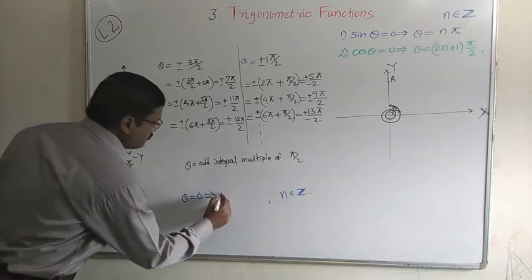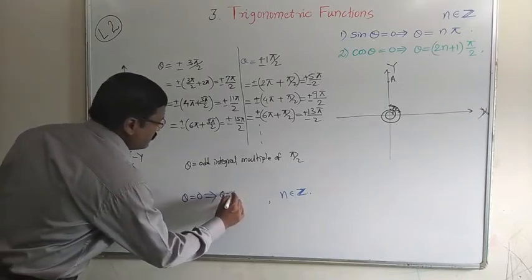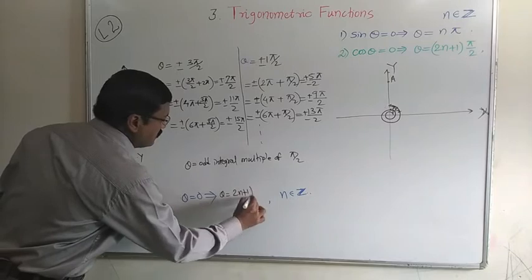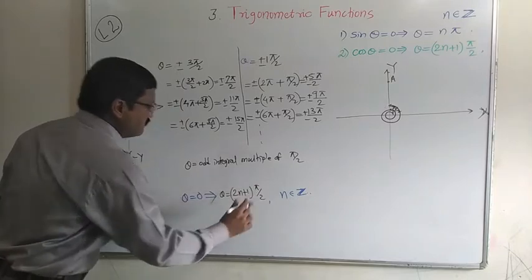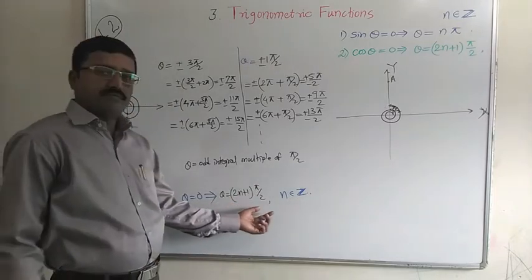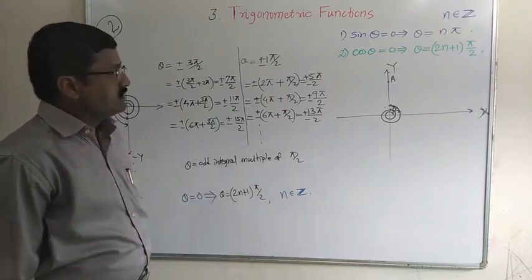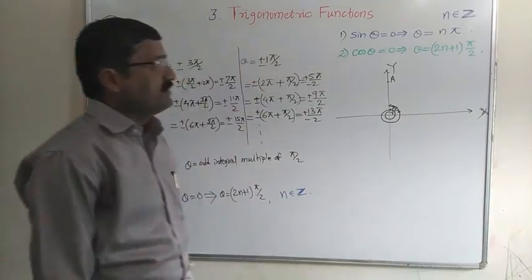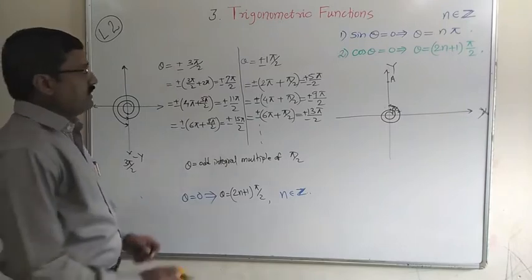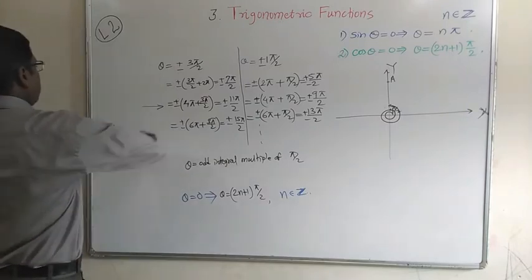It can be written as theta equal to (2n plus 1) into pi by 2, where n is an integer. So we get the second result: cos theta equal to 0 implies theta equal to (2n plus 1) pi by 2. Let us move towards the third result.